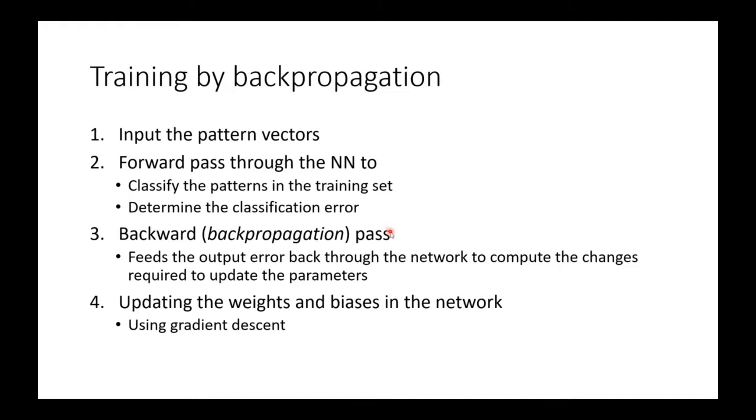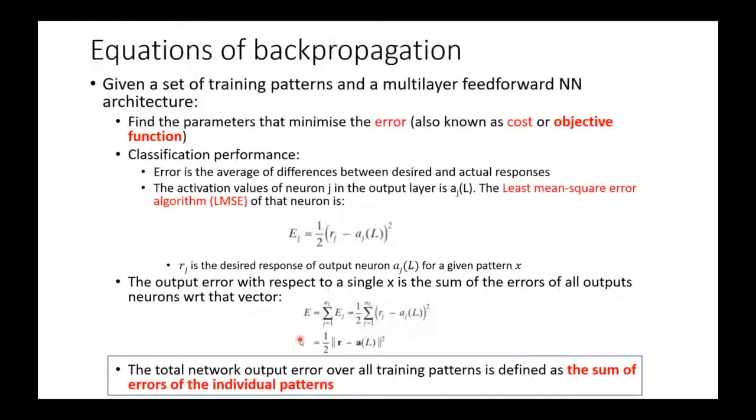And then we go backwards, we do a backward pass, that's called backpropagation, that feeds the output error back through the network to compute the changes required to update the parameters. And updating the weights and biases in the network is the same thing that we've done for the least mean square error algorithm. You use gradient descent.